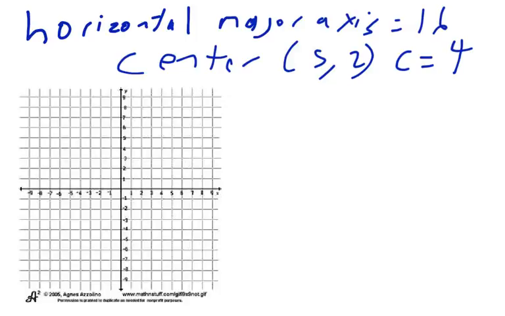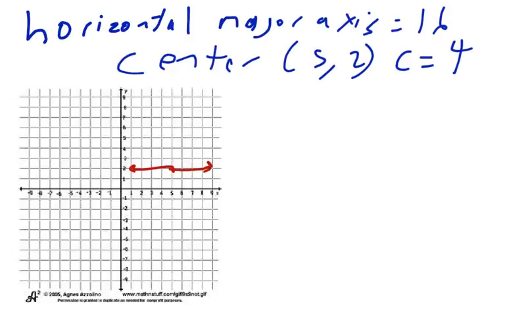So we'll put my little graph up there, and we'll say there's 5, 2, and if I have a horizontal major axis, and it's going to go off my graph, that is 16 long, then how far should I go this way, and how far should I go this way?